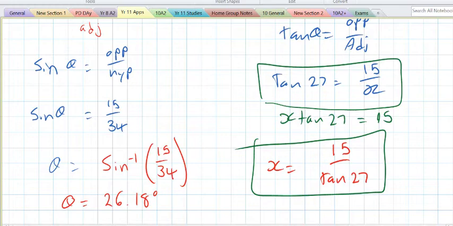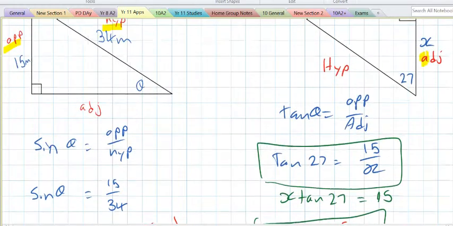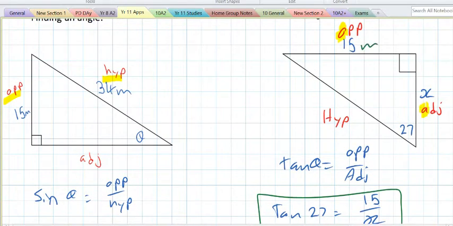You alright? Stay with us. And then if you put in your calculator 15 divided by tan 27, you will get the output, the answer. Beautiful. X equals 29.43 or 44 meters.